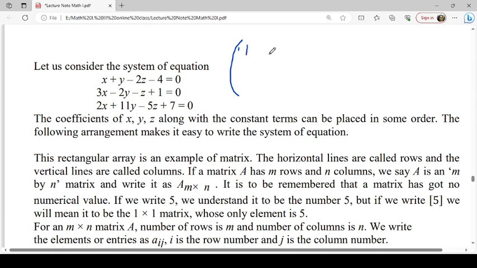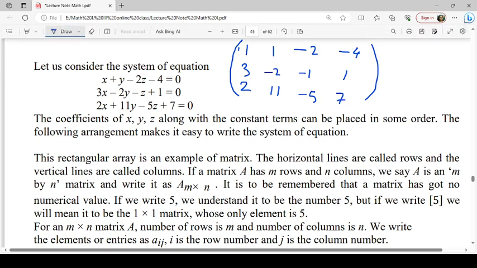So we arrange this: 1, 1, minus 2, minus 4, 3, minus 2, minus 1, 1, 2, 11, minus 5, 7. So this is a matrix.